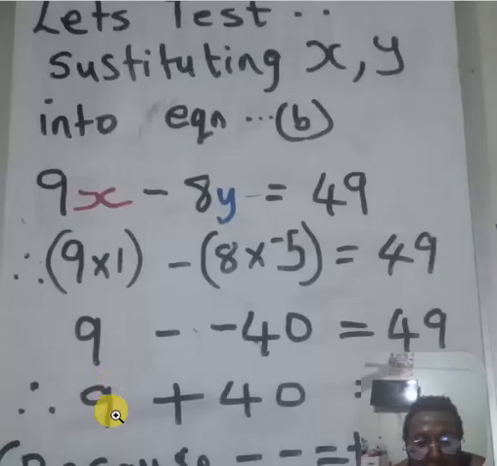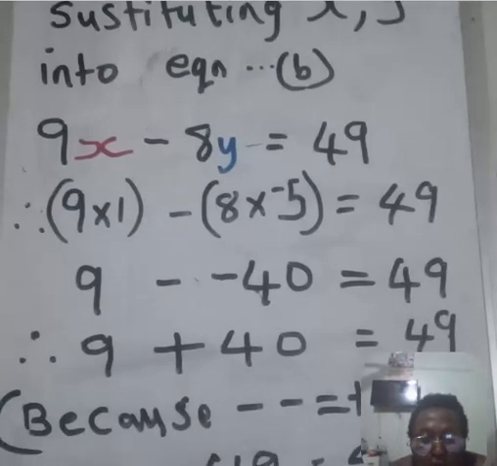The 9 still comes down, but minus times minus is equal to plus. So the minus outside this bracket times the minus here will give us a plus. So this results in a plus. So we now have plus 40.